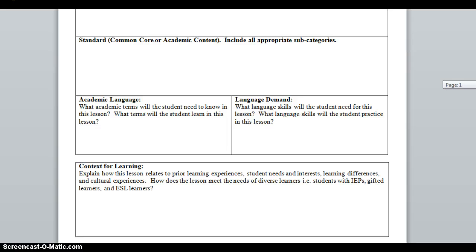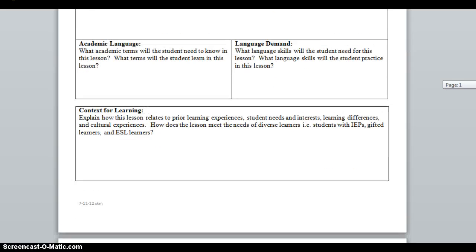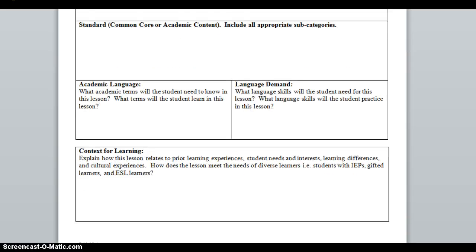Let me side note on this. If you are using this in a content area lesson, so let's say you are going to be supporting students' ability to extract key ideas and main ideas and key details out of a history context, then you need to have both an ELA standard and a content area standard referenced here in this section, okay?